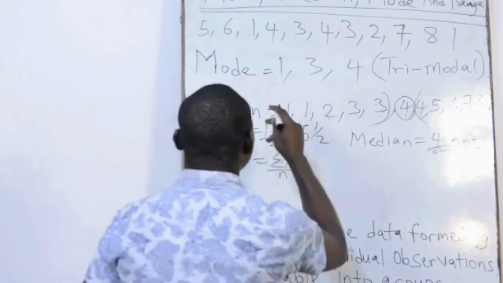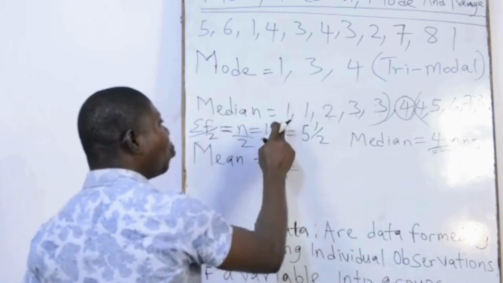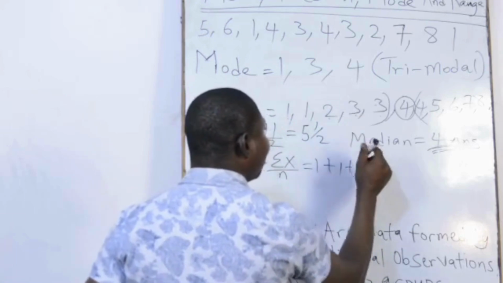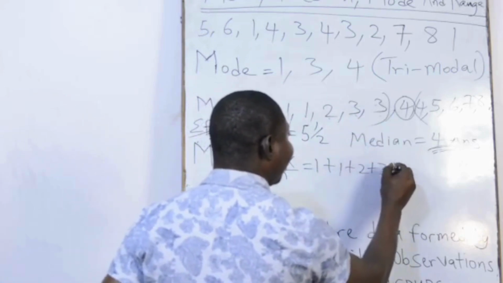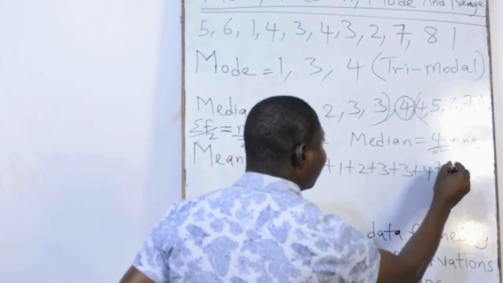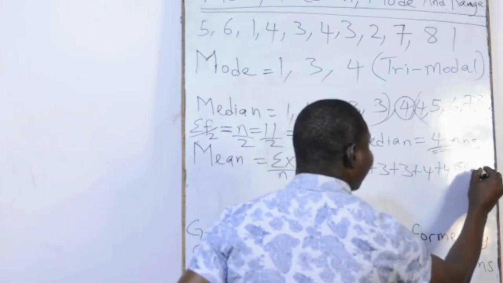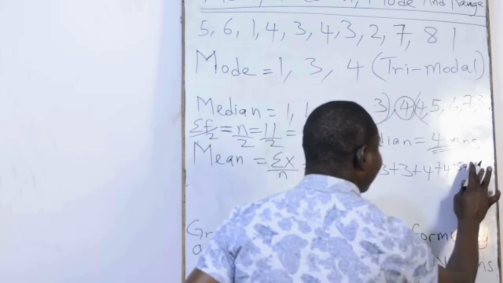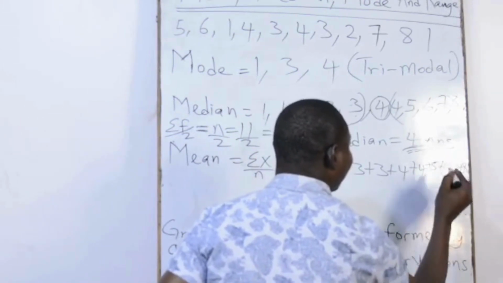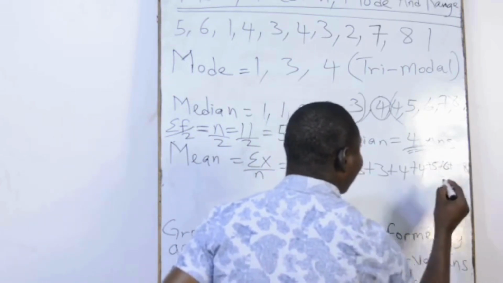So now, let's quickly find the mean of this question. We have 1 plus 1 plus 2 plus 3 plus 3 plus 4 plus 4 plus 5 plus 6 plus 7 plus 8 plus 8 plus 7 plus 8.